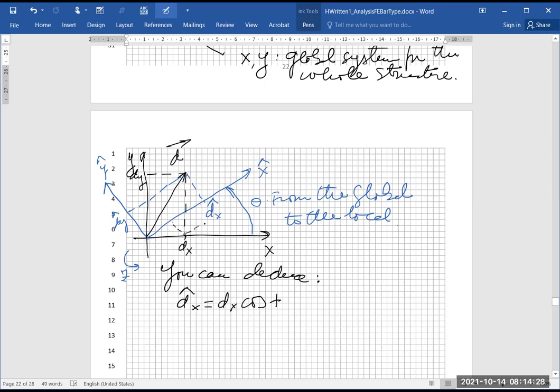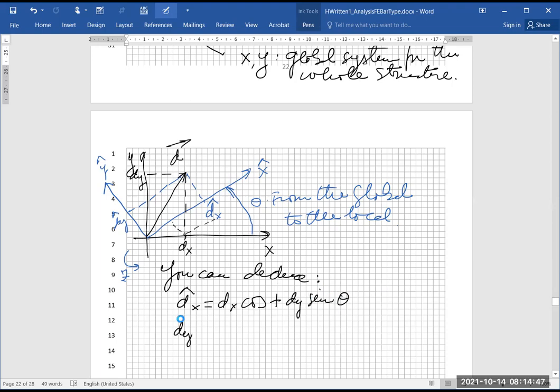That's going to be this value, that's dy times sine. So it's going to be dy sine of theta.